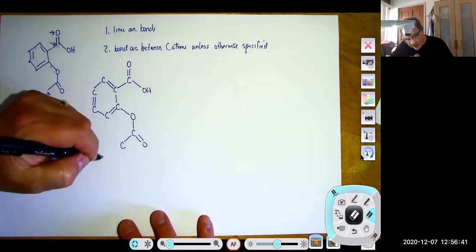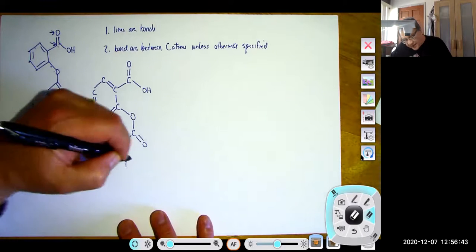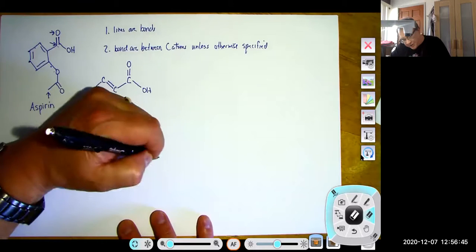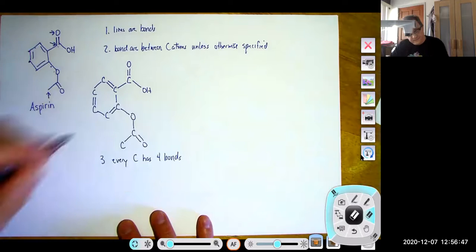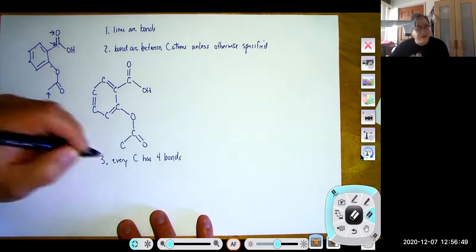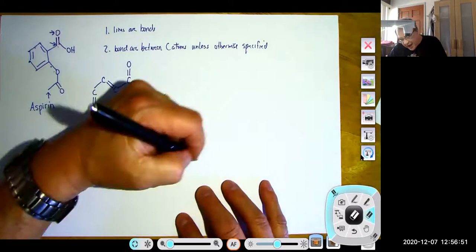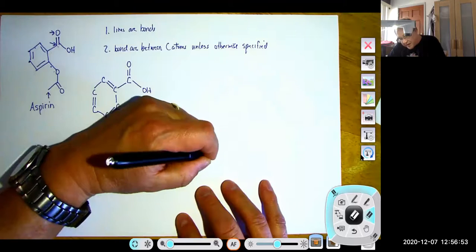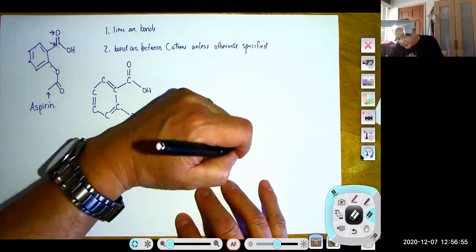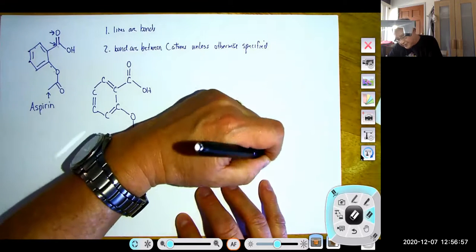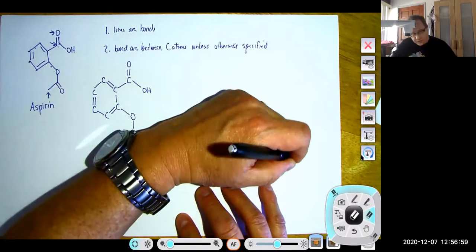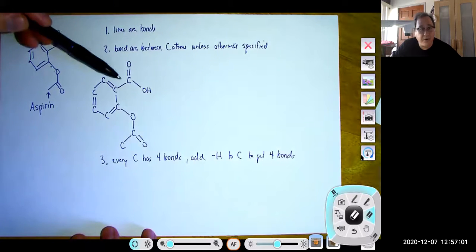Third, every carbon has 4 bonds. And to make this so, you add single bonded hydrogens to carbons to get 4 bonds. So take a look at this carbon here that I'm pointing at.